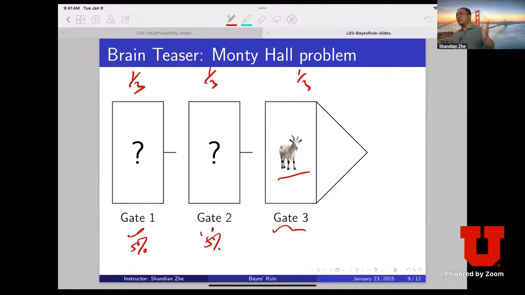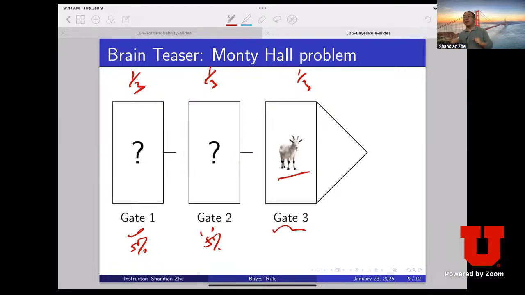If that were the case, for example you randomly pick gate 1 and the host randomly picks gate 3 and you see the goat, then gate 1 and gate 2 have equal chance, because the host's opening action is independent of your initial choice. In that case, it won't change the odds. But the problem is the host makes his decision to open gate 3 according to your choice.